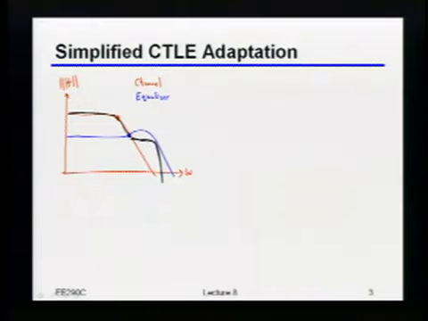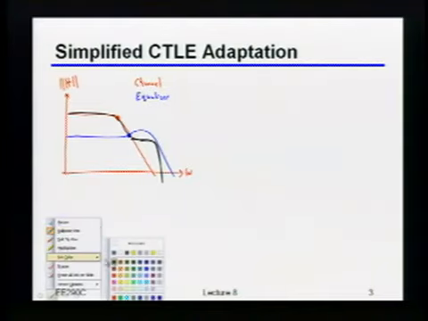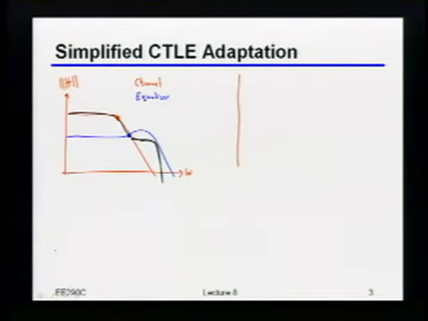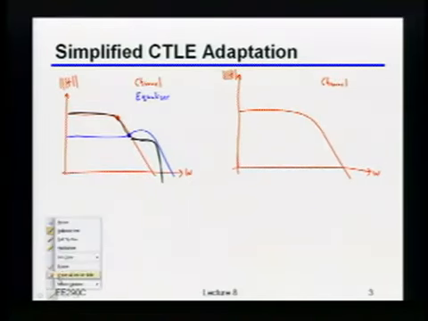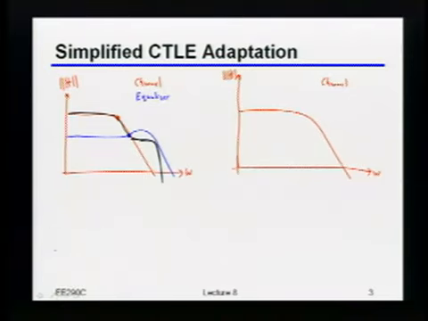Now what I want to do is repeat the same situation, but draw it under the condition that the equalizer is properly adapted. Again, I'm just going to do some magnitude behavior. This is again my channel. And in blue again, I'm going to do the equalizer, but this time I'm going to put it in the right spot.